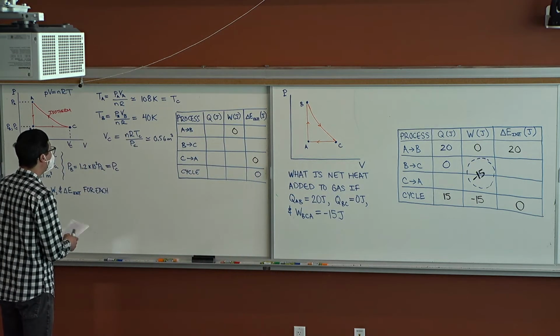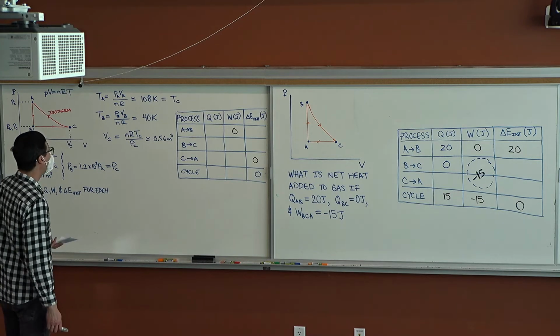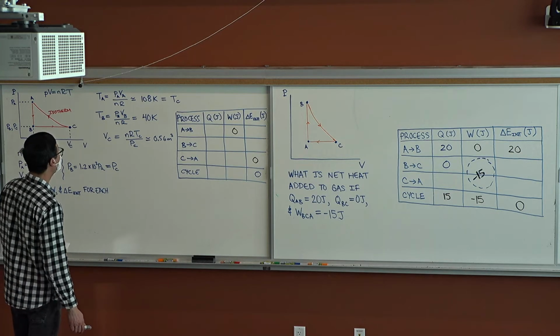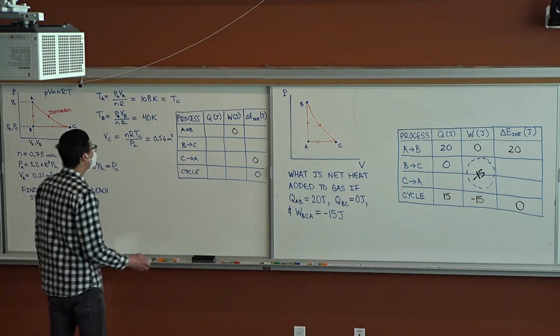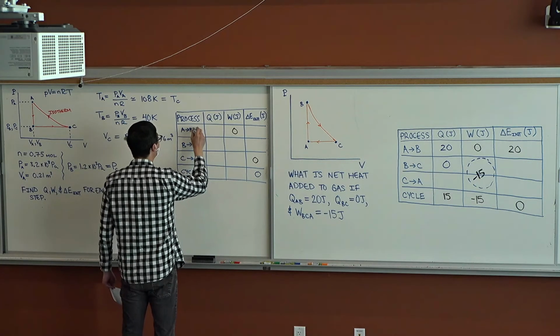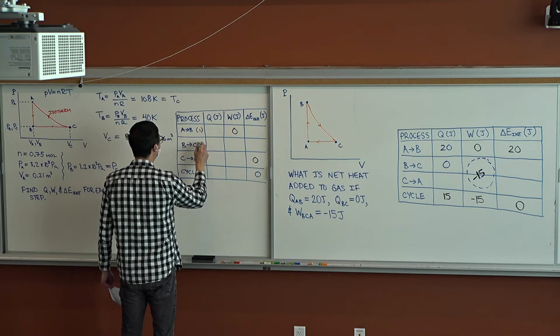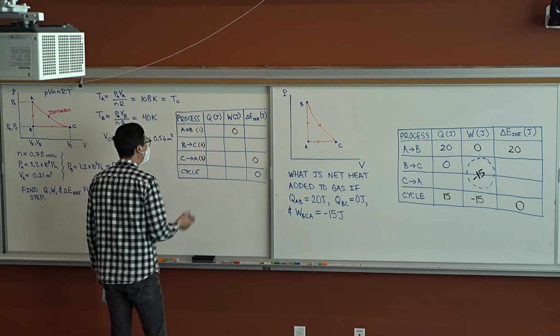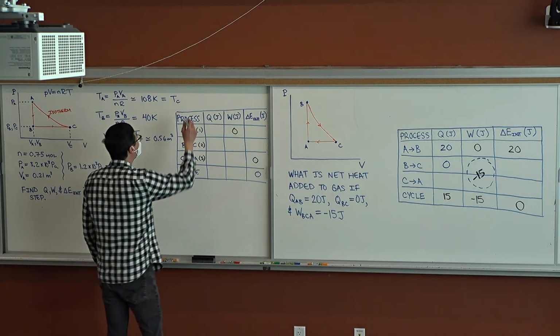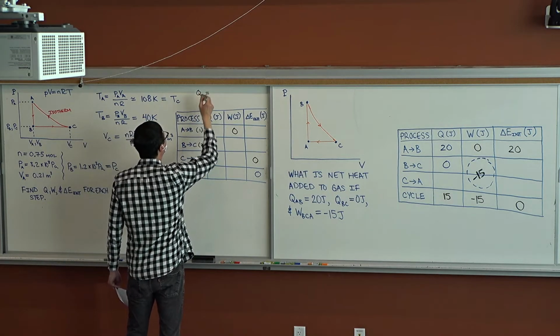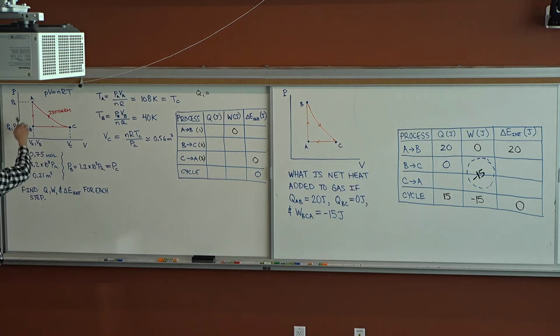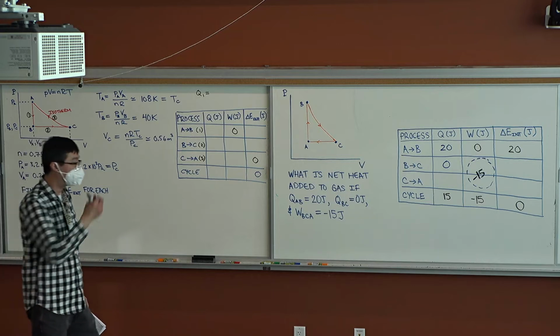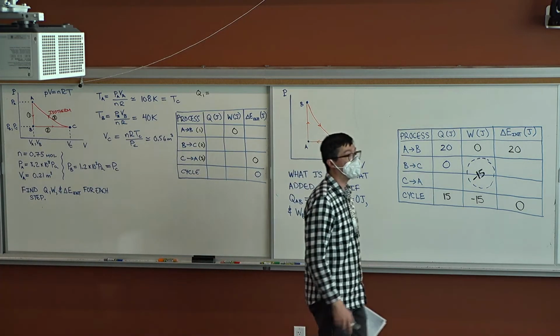So now it comes time to really smush stuff into this board. Just for simplicity's sake, I'm going to call this 1, 2, and 3. And I'll say that Q1, right? One is our constant volume process.